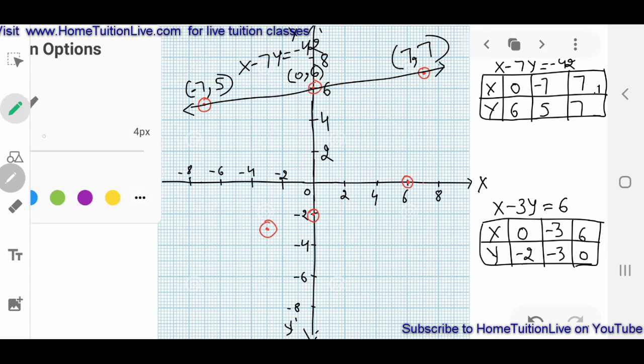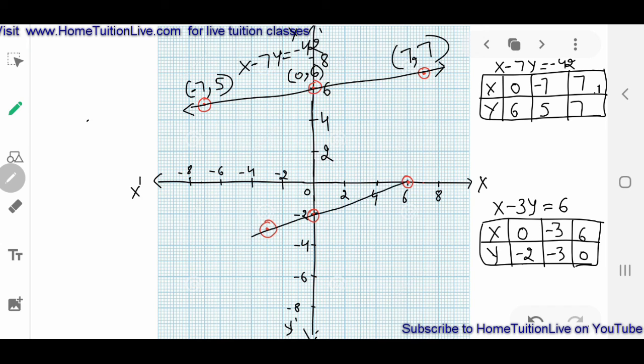Now join the points. These are minus 3, minus 3, 0, minus 2, and this is 6 and 0. This line is for x minus 3y equals 6. So this is the graphical representation of the situation.